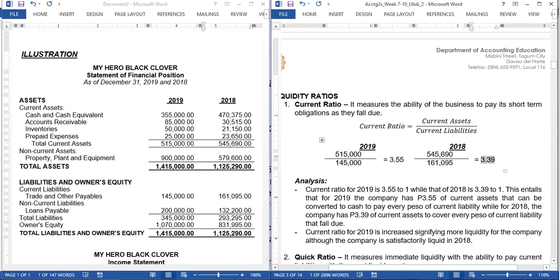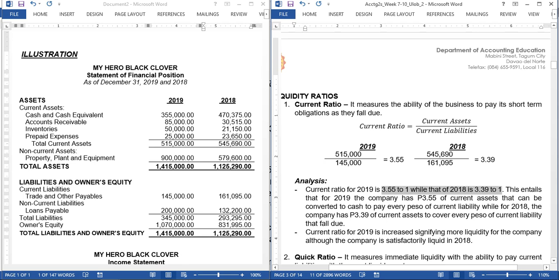So, what is the analysis of this one? As you can see, the current ratio for 2019 is 3.55 to 1, while in 2018, that is 3.39 to 1. This indicates that in 2019, the company has 3.55 of current assets that can be converted into cash to pay every peso of current liability.